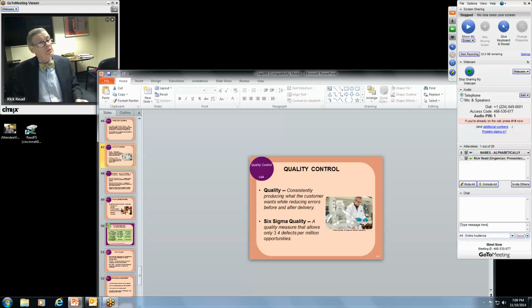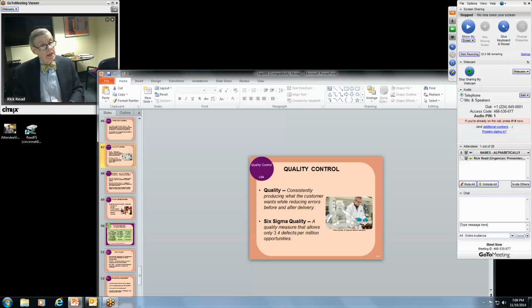And Six Sigma has been popularized by General Electric, among other corporations. And notice that Six Sigma allows for 3.4 defects per million opportunities. And that comes out to 99.9999 percent quality, very high.